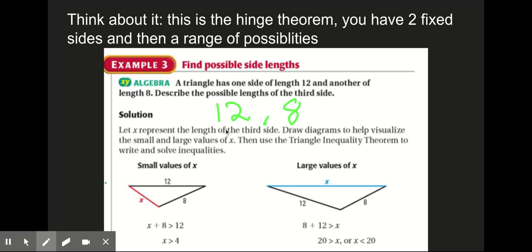Because there's more than one piece that I could use there. If you think about it, this is the hinge theorem that we've talked about before, right? This is like side angle side, right? I don't know the angle. I just have side side right now.